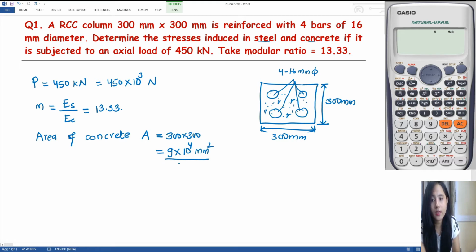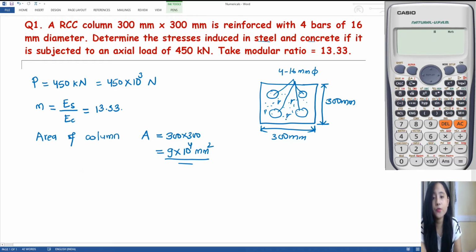Sorry, this is not the area of concrete, this is the area of the column. Area of column A is equal to this much.